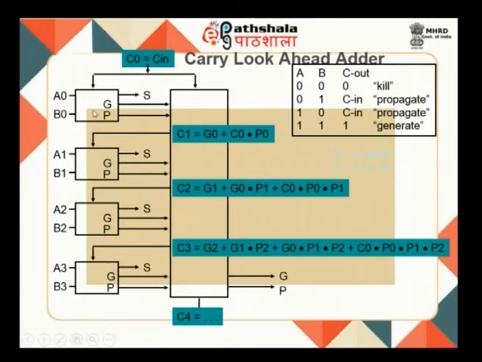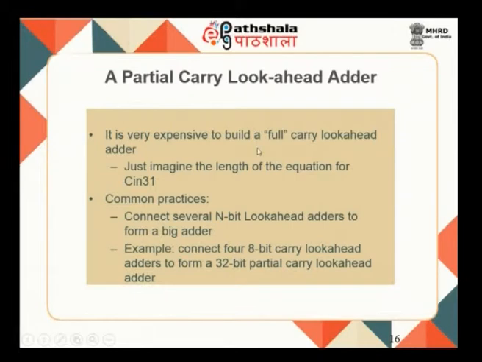So, if you look at a 4-bit carry look ahead adder, any adder, if you look at the carry out from the last stage here, it is either that this block itself generated the carry bit, or this block generated it and this block propagated it, or this block generated it and these two blocks propagated it, or it was this block that generated it and it was propagated by the other blocks.